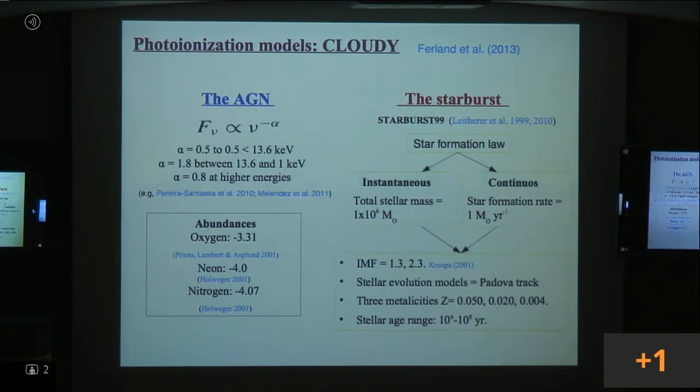In both cases, we assume a double initial mass function of Kroupa in order to take into account the low and high stellar masses, the Padova tracks stellar evolution models, and 3 metallicities. This model covers a stellar age range from 10 to the 6 to 10 to the 8 years.